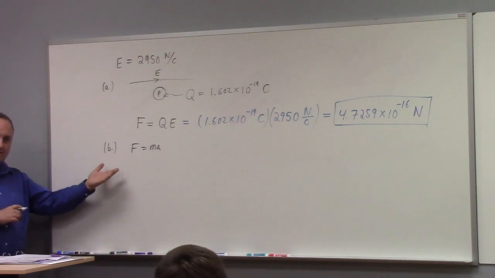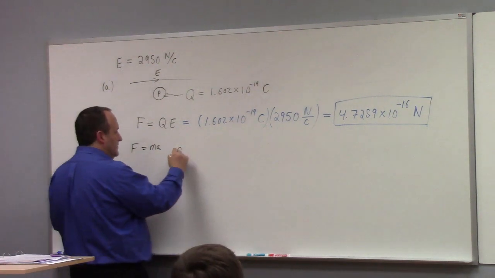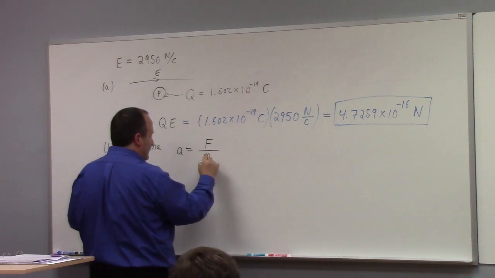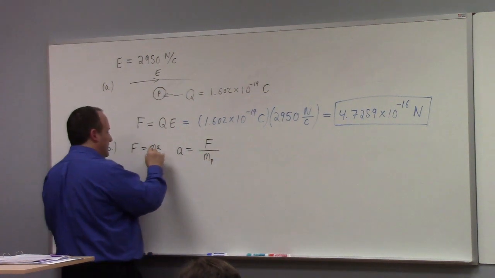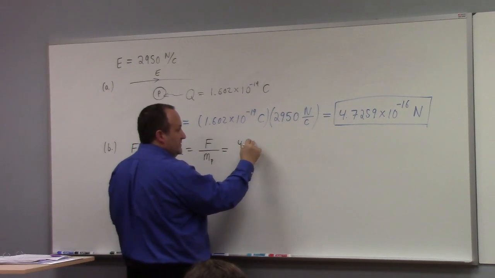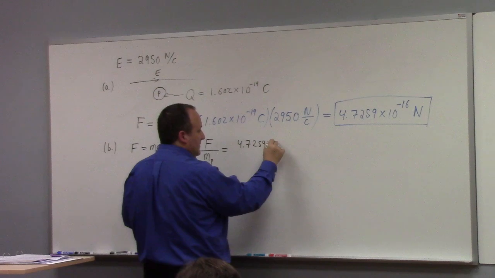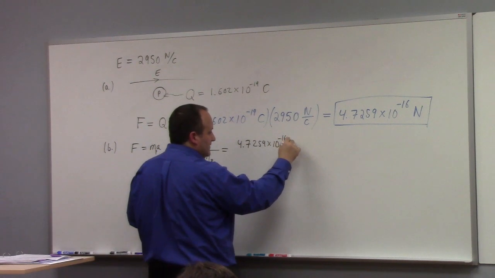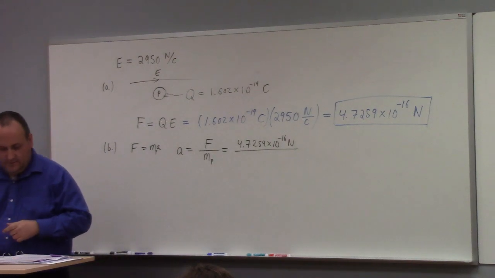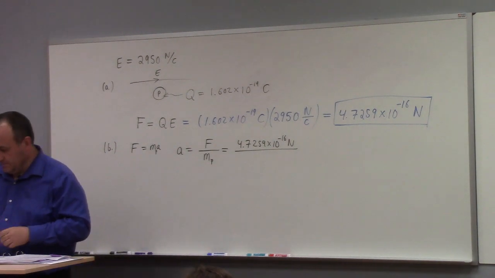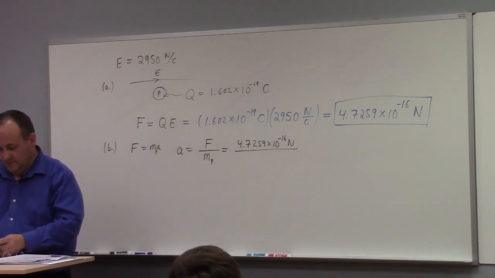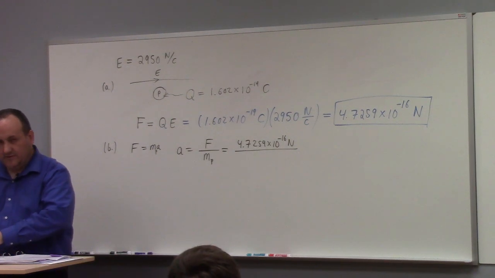So the acceleration is equal to the force we just found divided by the mass of the proton, which everybody knows, right? So you have 4.7259 times 10 to the minus 16 newtons divided by the mass of the proton. Now, what is the mass of the proton? You look in the book, or if you don't have a book, you Google it.